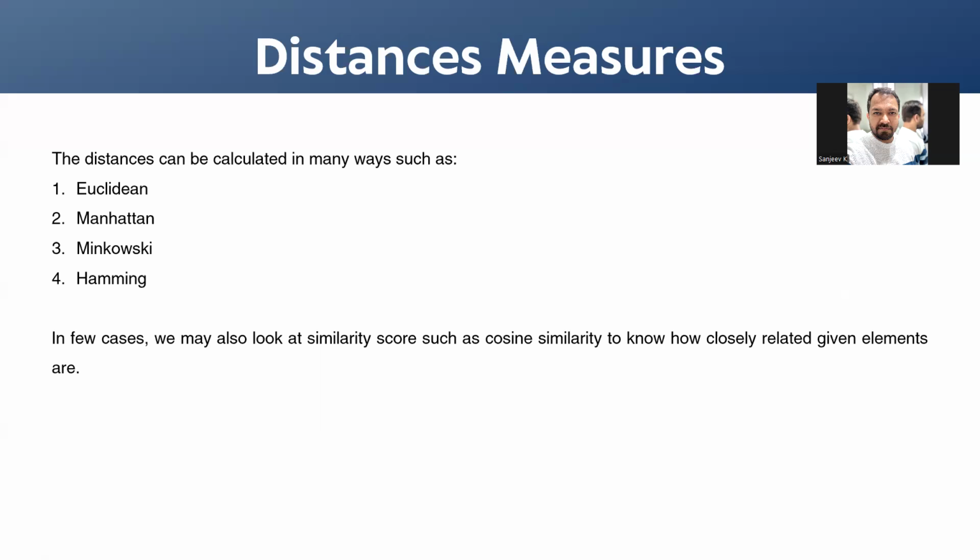Cosine similarity generally comes up when there is text data. Say, for example, you want to understand if the words king and queen are similar to each other or not. Of course, they are different, but are they very similar to each other as compared to cat and dog? The cosine similarity can put king and queen very close to each other and very far from cat and dog. That is what cosine similarity is helpful for.